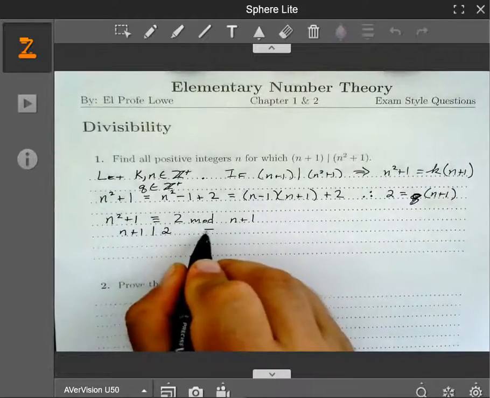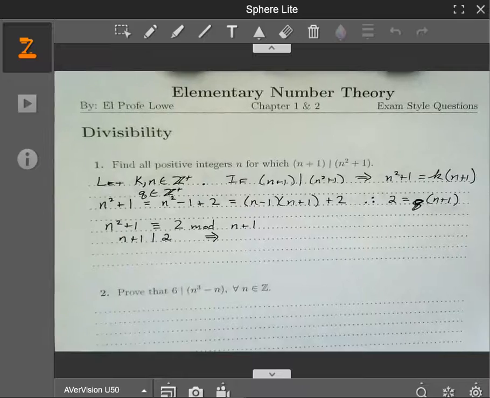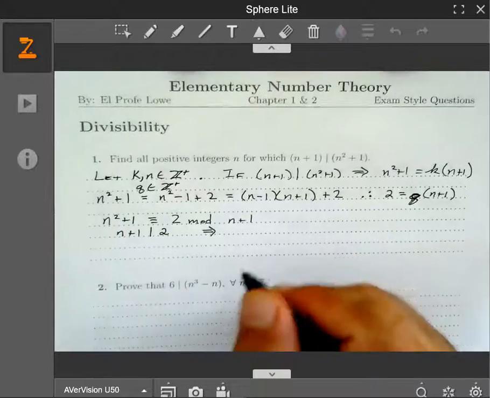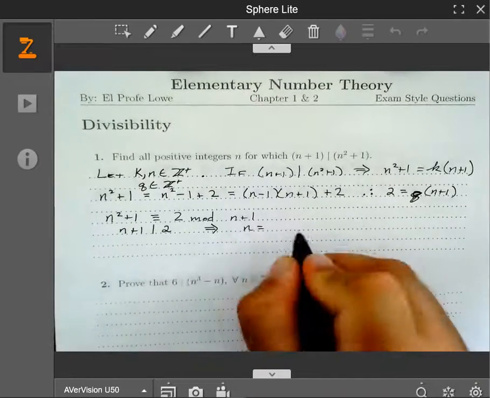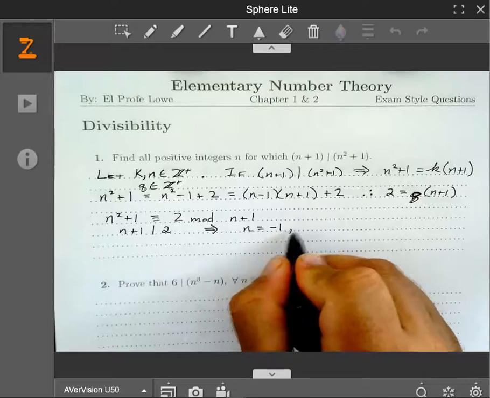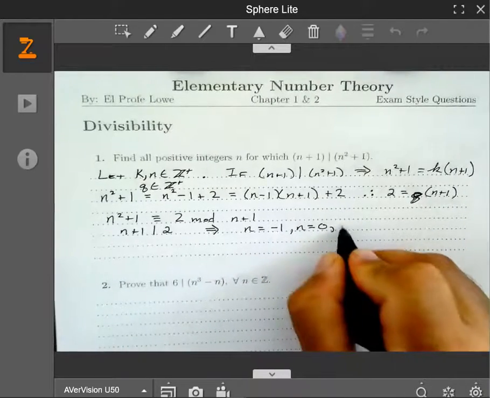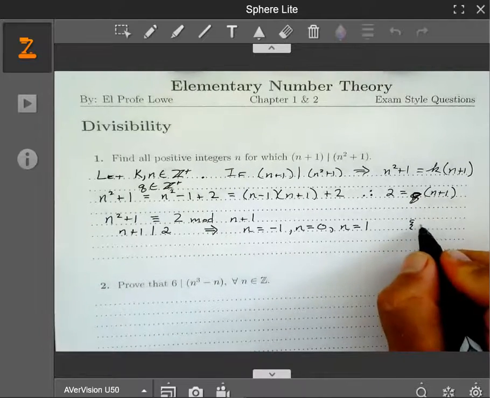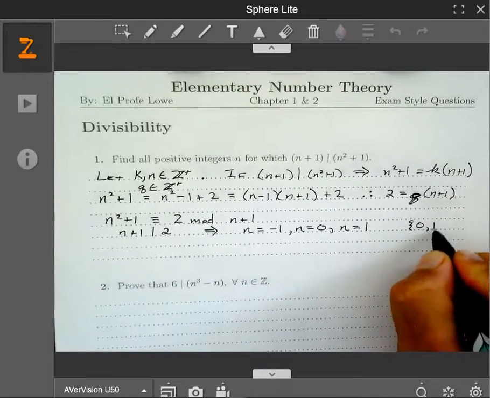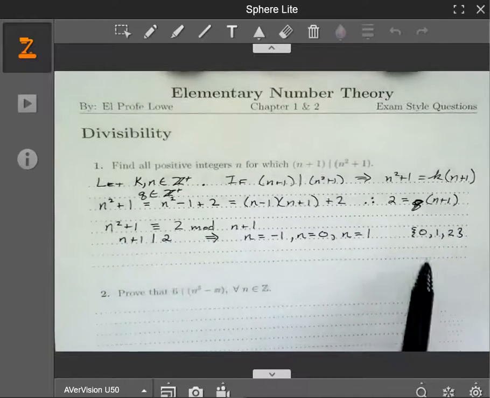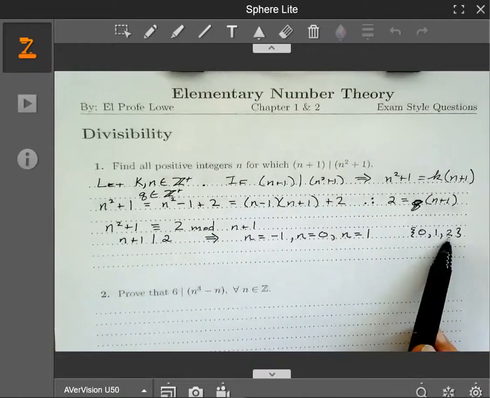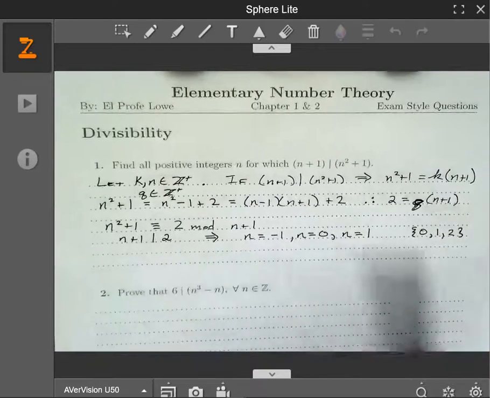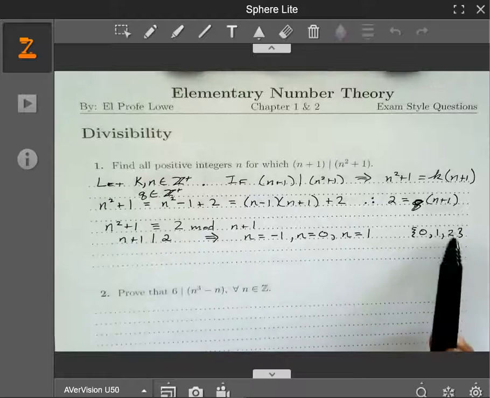Well, the implication of n plus 1 dividing 2 is that n must equal -1, n must equal 0, or n must equal 1. Why? Because the only values that divide 2 are 0, 1, and 2, which means n plus 1 has to be 0, or n plus 1 has to be 1, or n plus 1 has to be 2.